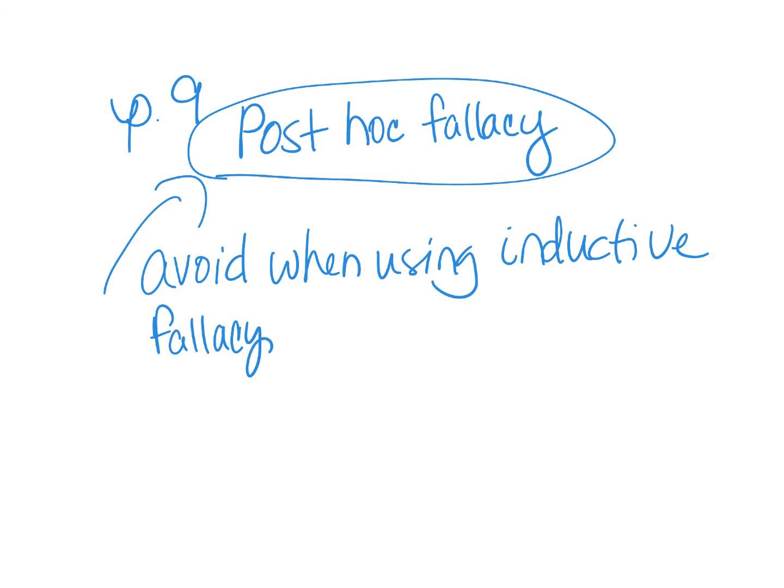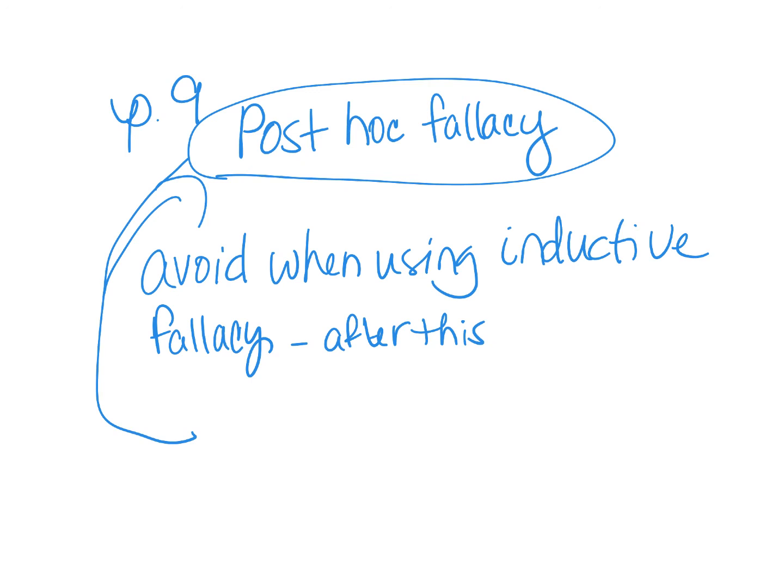Post hoc comes from the Latin phrase meaning after this, therefore because of this. Someone commits a post hoc fallacy when he assumes that a change in one factor causes a change in another. A post hoc fallacy is very easy to make when performing simple observations of nature.